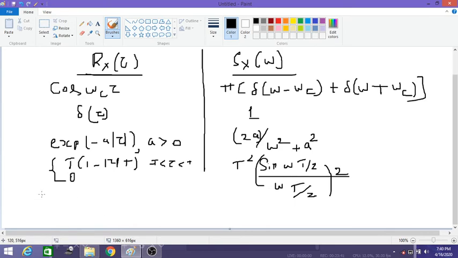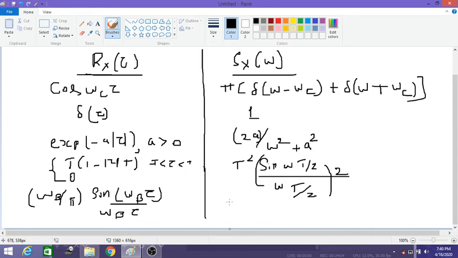Then if it is omega b by pi into sine of omega b tau divided by omega b tau, its transform pair is equal to 1 for omega ranging from minus omega b to plus omega b, and 0 otherwise.